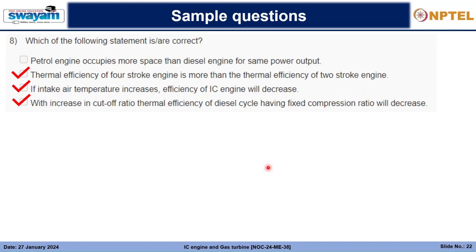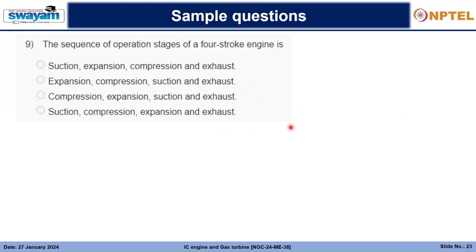The statement that the petrol engine occupies more space than the diesel engine for same power output is not correct, because here the compression ratio is less, and the engine is less bulky, which also accompanies less weight and space. So for a diesel engine we have to provide more space, and the other statements are correct. The last one: with increase in cutoff ratio, the thermal efficiency of a diesel cycle having fixed compression ratio will decrease. Yes, it's correct.